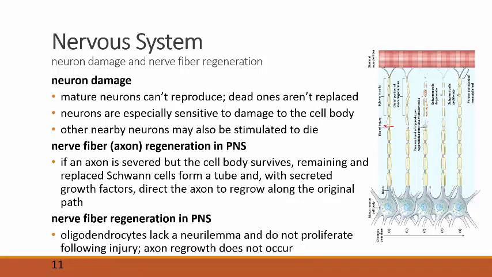Oligodendrocytes, on the other hand, in the CNS. Remember, oligodendrocytes provide the myelin sheath in the central nervous system.